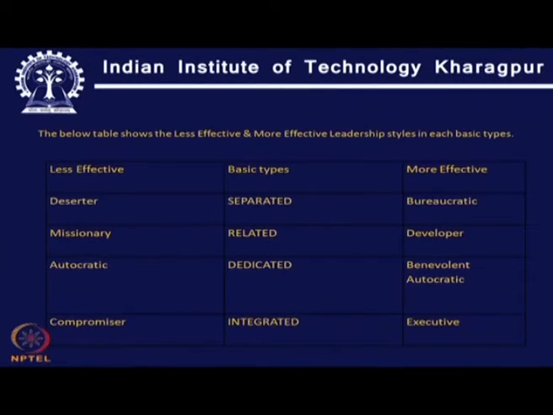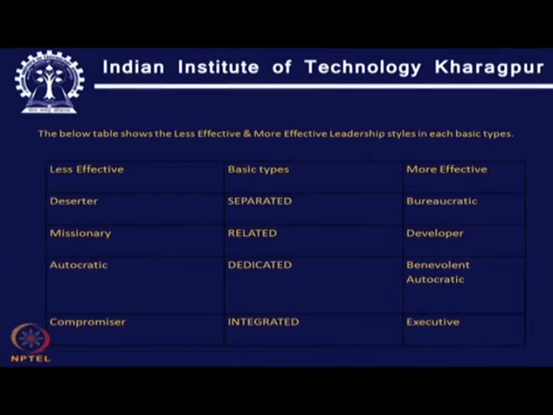This table below shows that for the basic types, there are again 2 parts, the less effective style and the more effective style. For separated, the less effective style is the deserter and the more effective style is the bureaucratic. For related, the less effective style is missionary and the more effective style is developer.